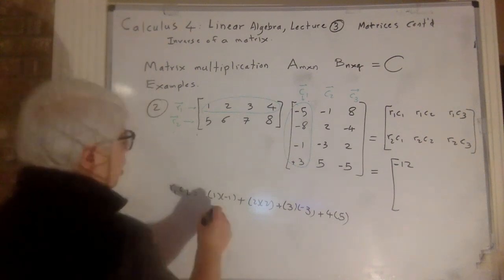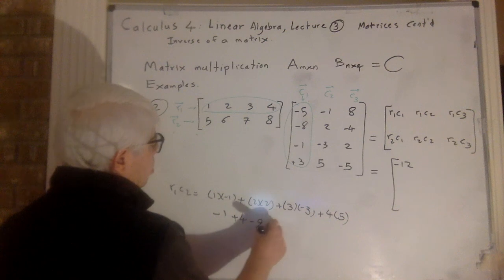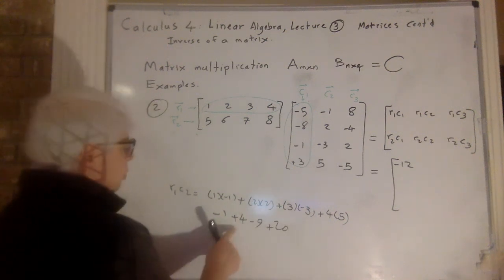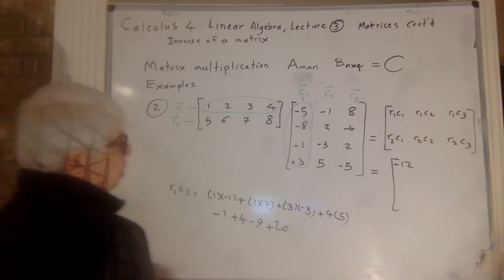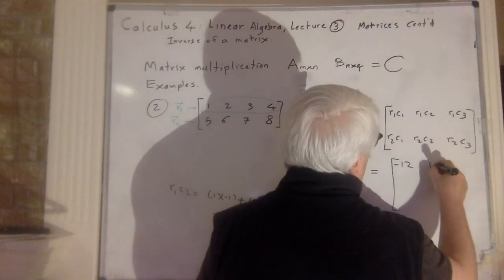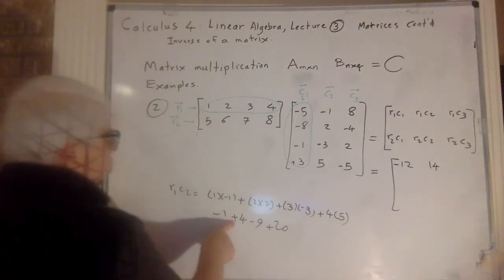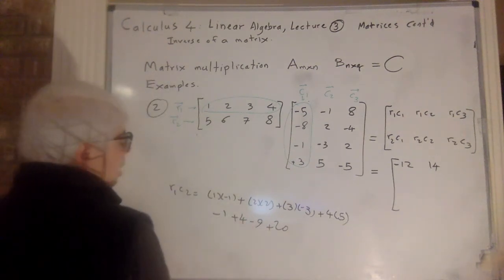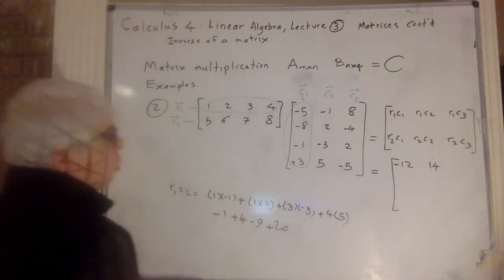So I have minus 1 plus 4 minus 9 plus 20. So I have 24 minus 10, that is 14. Double check: 20 plus 4 is 24, 9 and 1 is 10, 24 minus 10 is 14. Okay, that was R1C2.